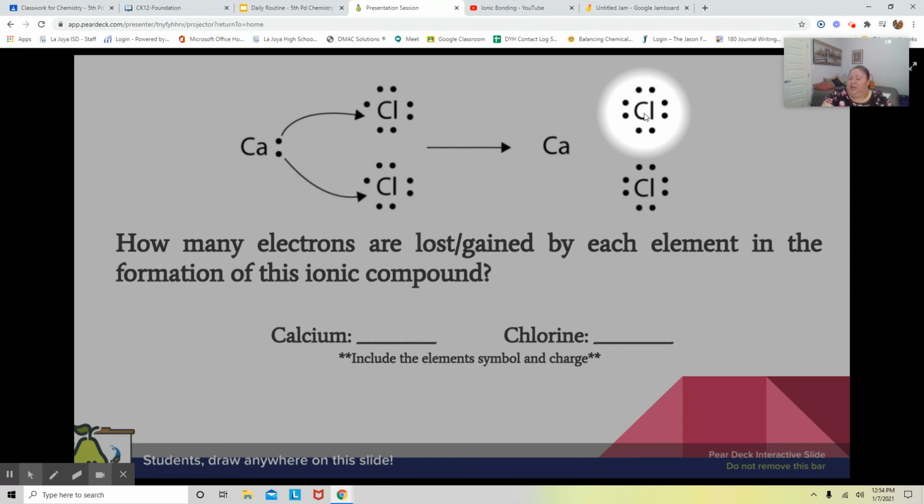So what's my charge? What's my symbol and my charge for this element? Or ion, right? Because it's now an ion. Give me the symbol and the charge. There it is. Plus? I don't know about plus. Let's go back over here.